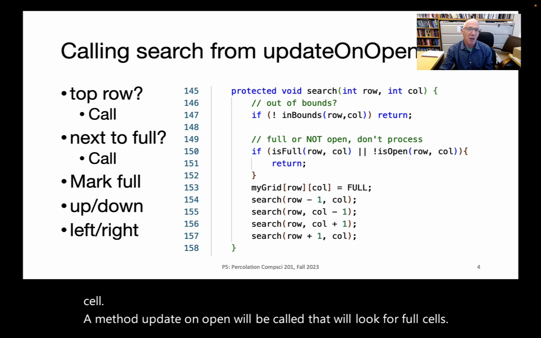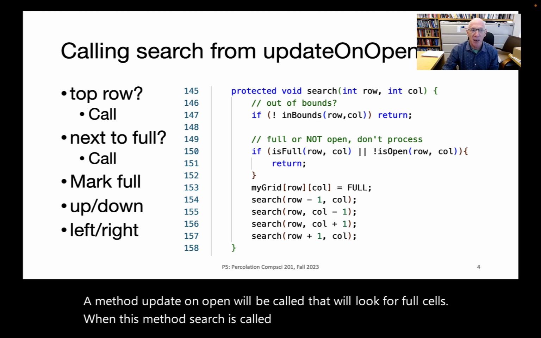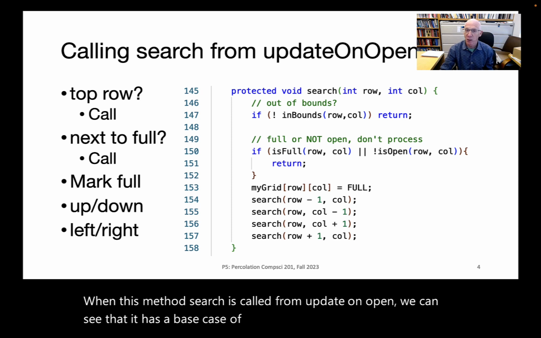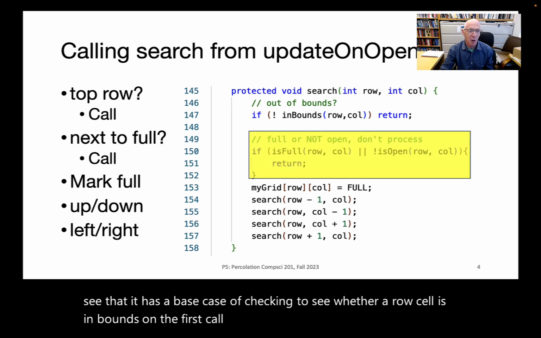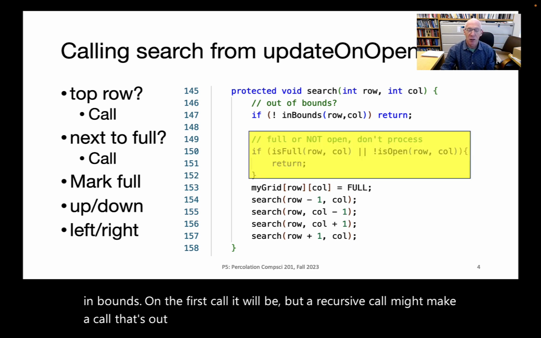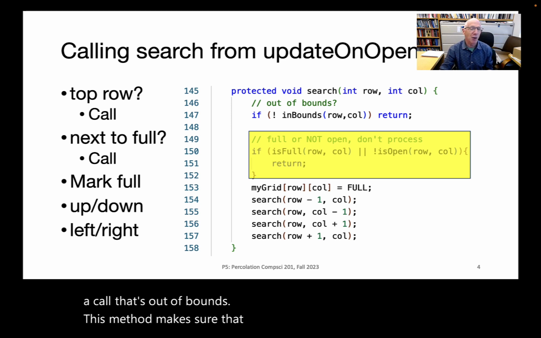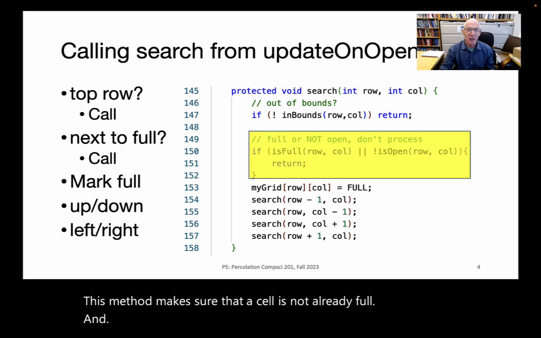When this method search is called from updateOnOpen, we can see that it has a base case of checking to see whether a row, cell is in bounds. On the first call, it will be, but a recursive call might make a call that's out of bounds. This method makes sure that a cell is not already full and in fact is open.